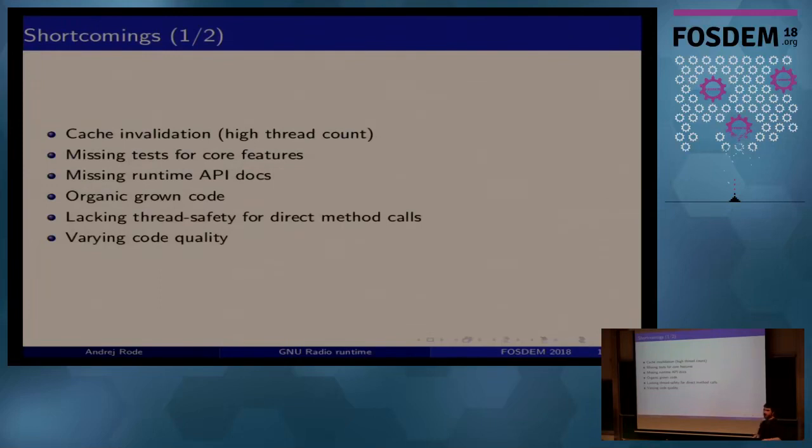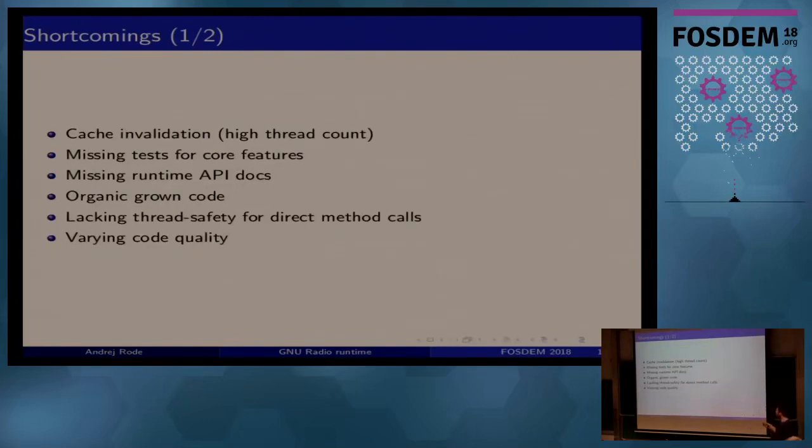So if people submit bug reports and fixes for core features like tags or message passing or something, it's not always clear if that only fixes that bug or if it also opens up a new path of bugs coming in. So that's a bad thing.